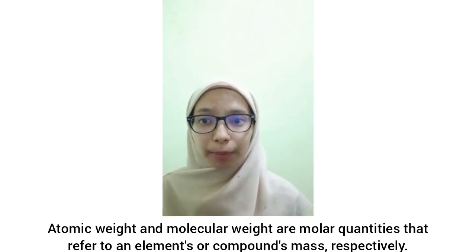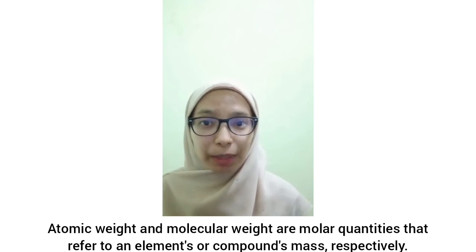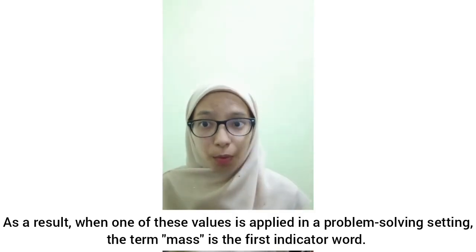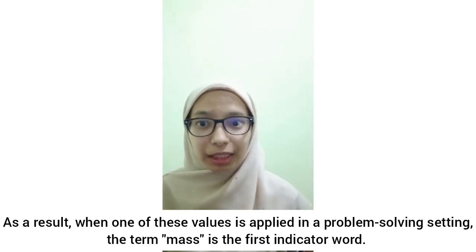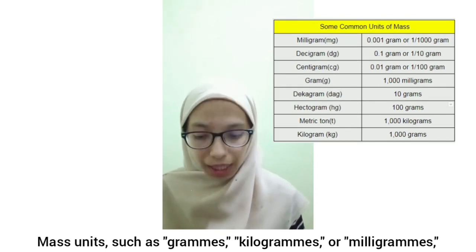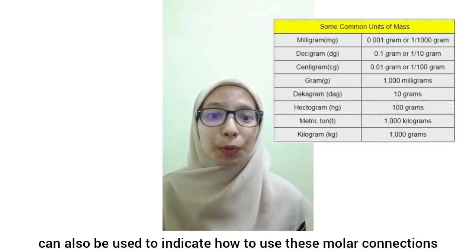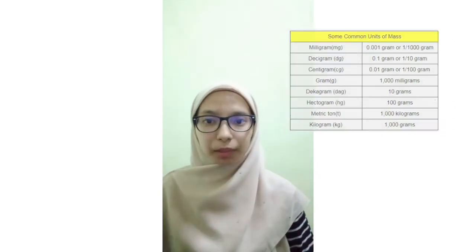Atomic weight and molecular weight are molar quantities that refer to an element's or compound's mass respectively. As a result, when one of these values is applied in a problem-solving setting, the term mass is the first indicator word. Mass units such as grams, kilograms, or milligrams can also be used to indicate how to use this molar connection.